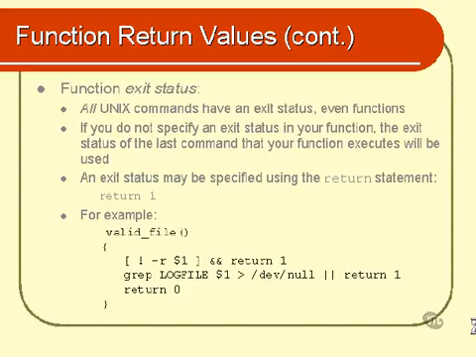And if we successfully make it past that line, then grep must have found log file in the file, so we can safely return 0. Notice that no output is produced at any time, not even via the grep, because I've redirected the grep output to /dev/null. So this little validFile function can be used in the following way.